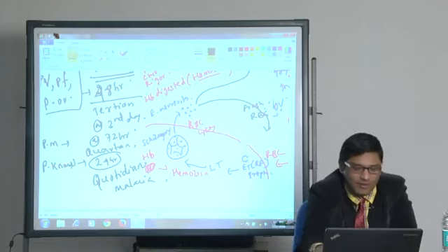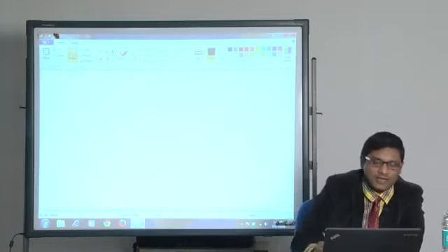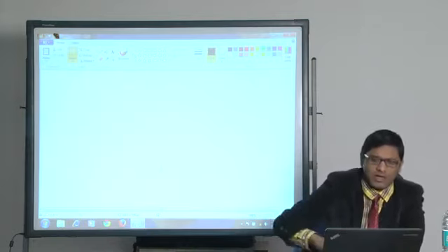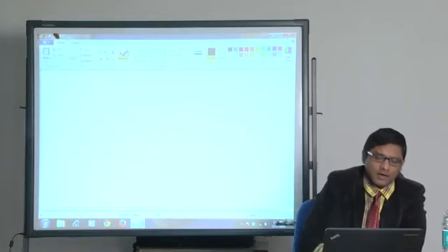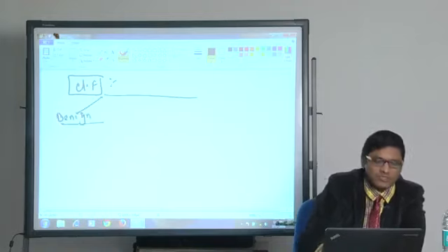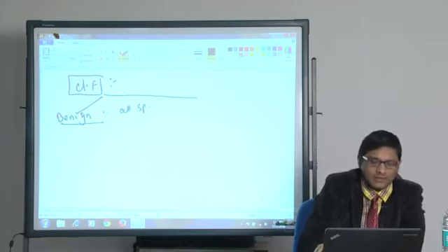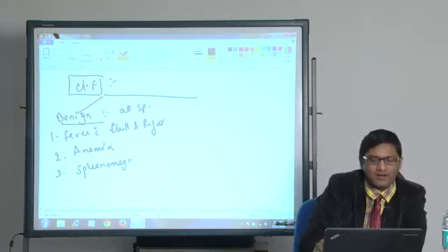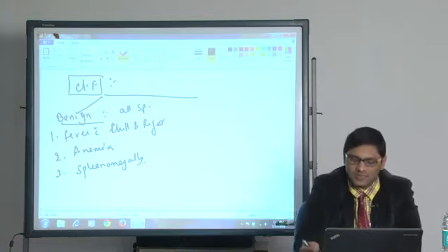Whatever I have discussed is about the life cycle of the malaria parasite. Now the clinical manifestations: the benign manifestations, which are common to all species, are fever with chill and rigor, anemia due to bursting of RBC, and splenomegaly, because the spleen is the site where they try to engulf the parasitized RBCs and destroy them.